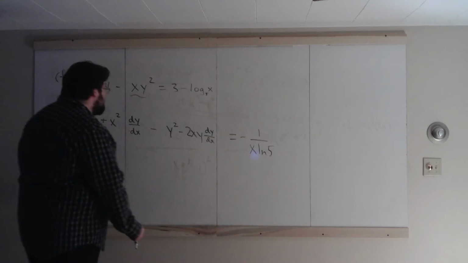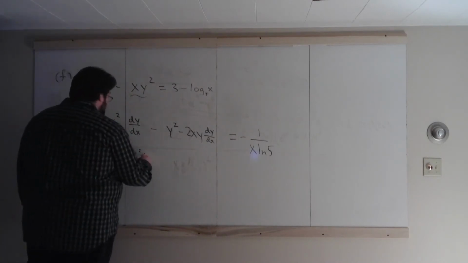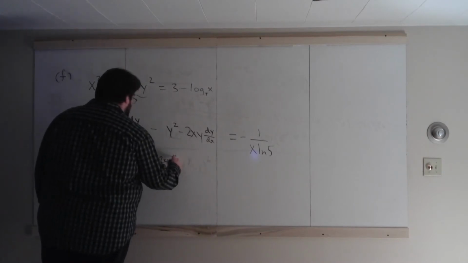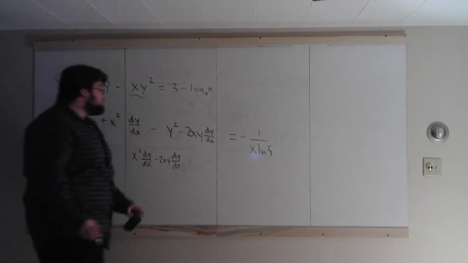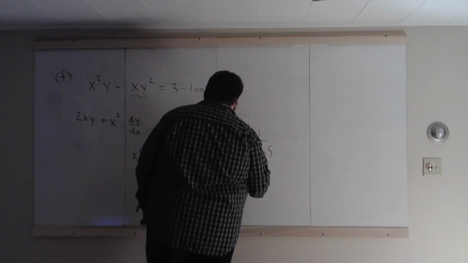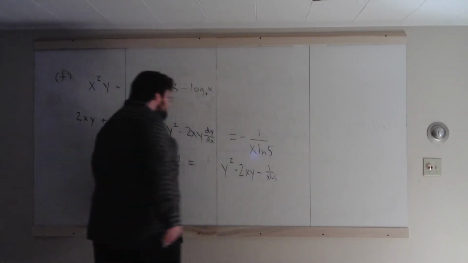So now I'll move these things to the other side. I'll move 2xy and negative y squared to the other side, and the other side becomes a positive y squared, negative 2xy, negative 1 over x log 5.